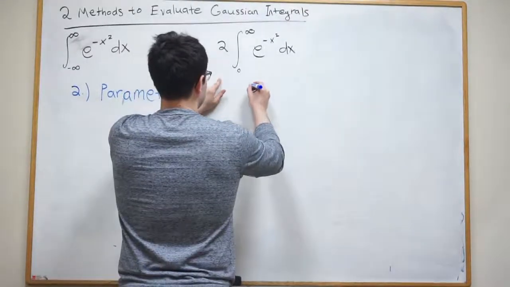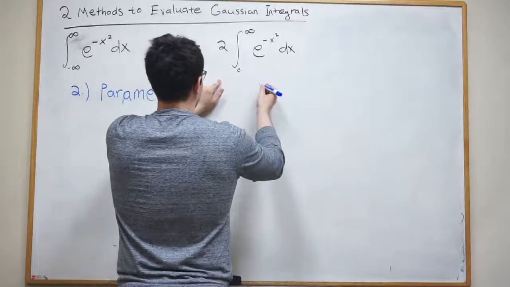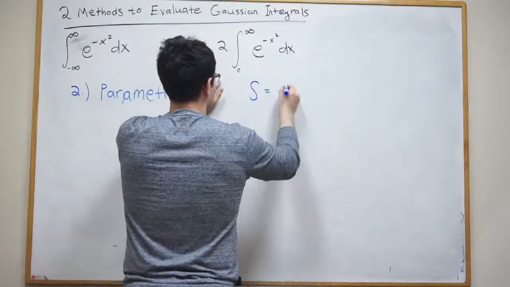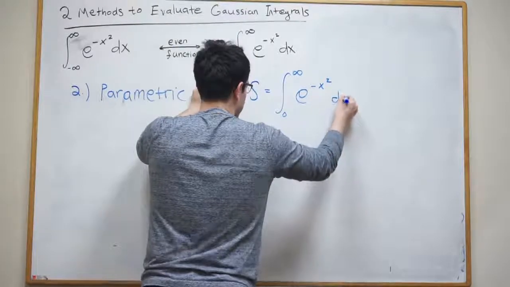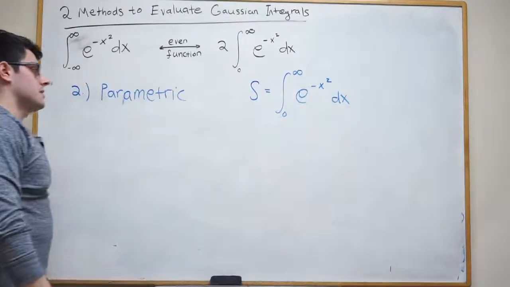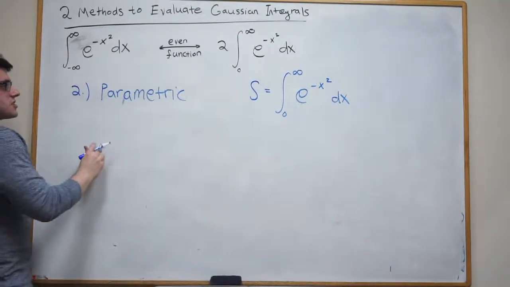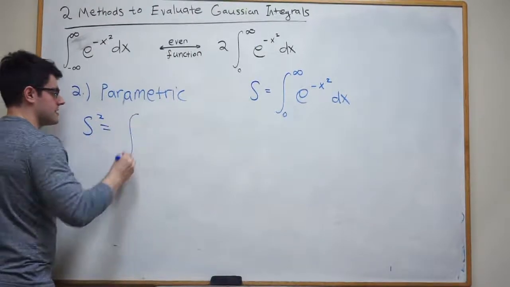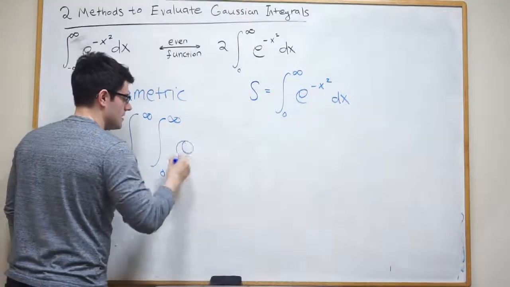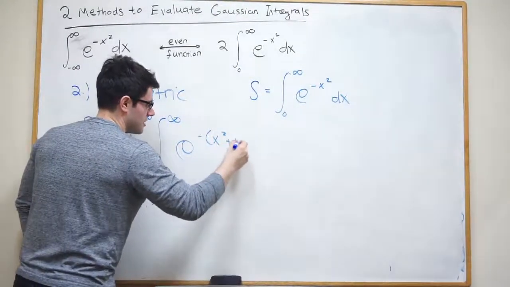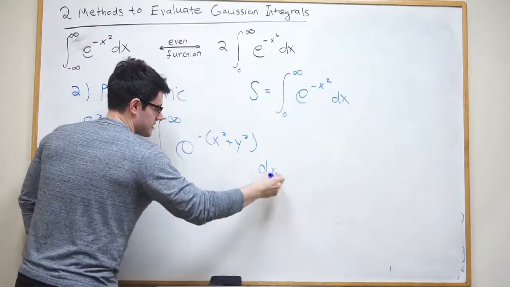So we're going to start by saying our new s is equal to the integral from 0 to infinity of e to the minus x squared dx. And we're going to start the same way and say s squared is equal to the double integral from 0 to infinity of e to the minus (x squared plus y squared) dx dy.